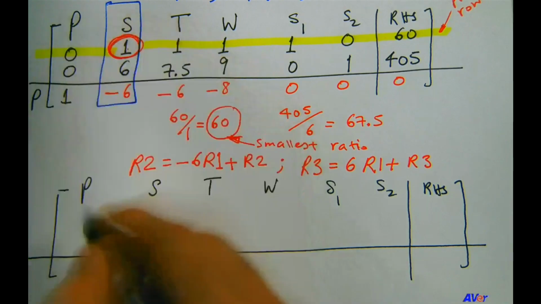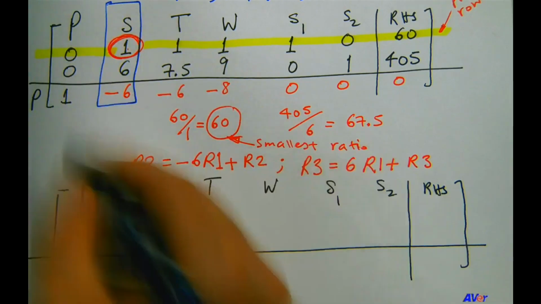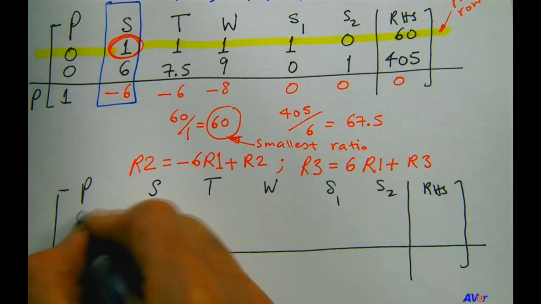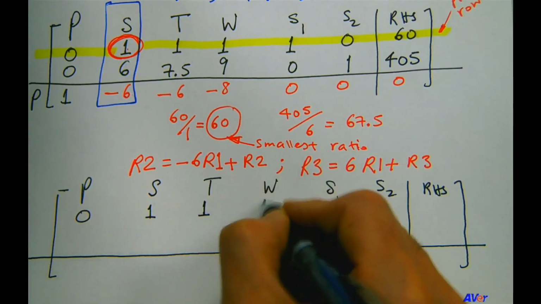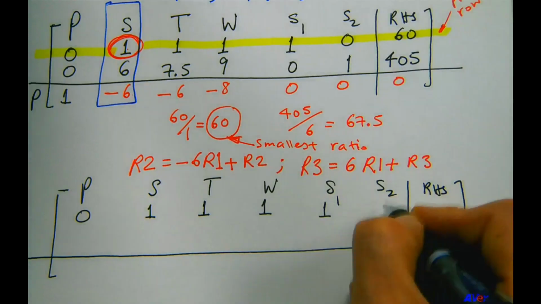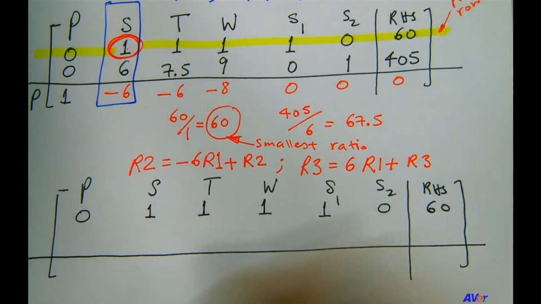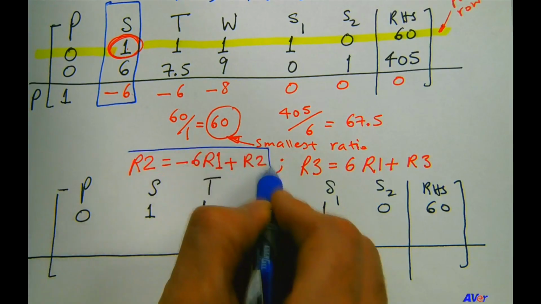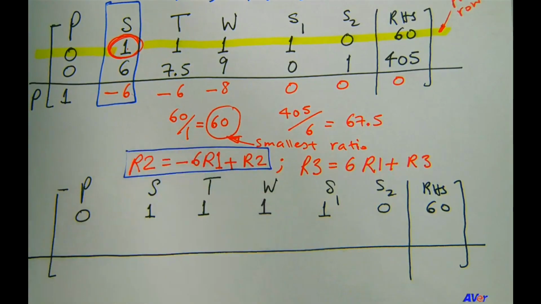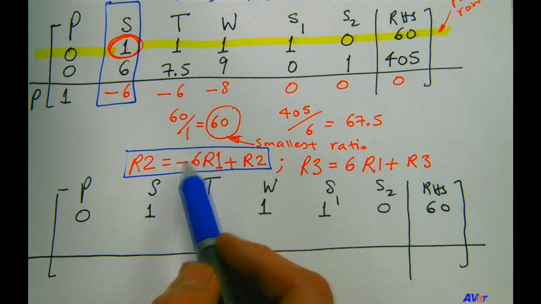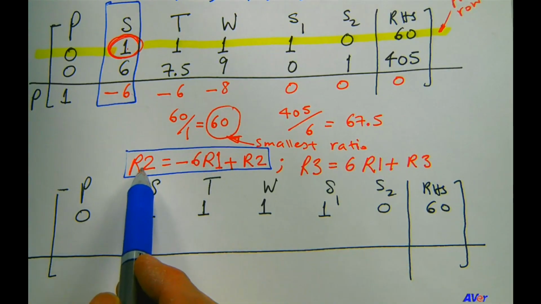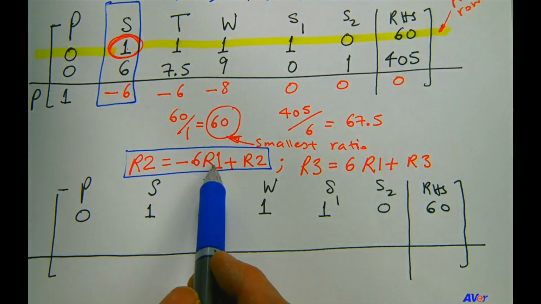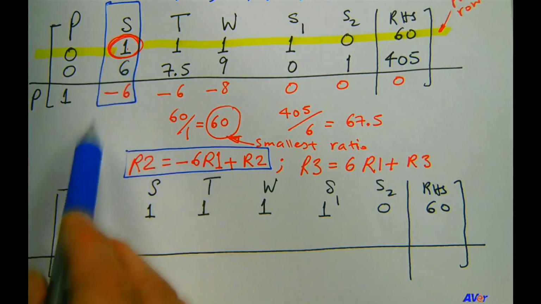And so the first row is the pivot row, so let me write that down. Now we're going to carry out this row operation. And so this is saying replace the second row by multiplying the first row by -6 and then adding it to the second row.